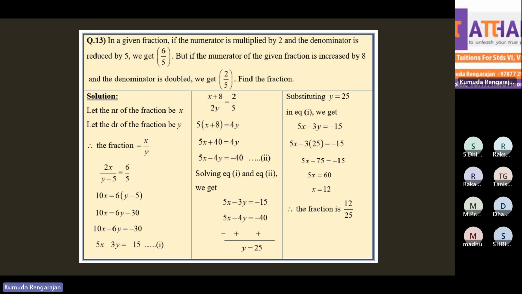Then if the numerator of the fraction is increased by 8, x is the numerator, not 2x, and the denominator is doubled, meaning 2y, we get 2 by 5. So as usual, let the numerator be x, the denominator be y. Therefore the fraction is x by y, and the answer is 12 by 25. X is 12, y is 25, and hence the fraction is 12 by 25.